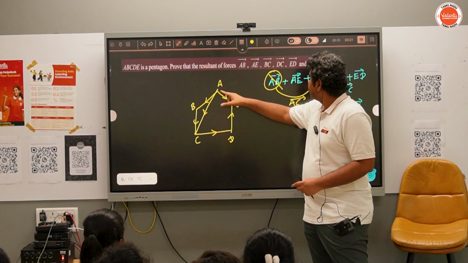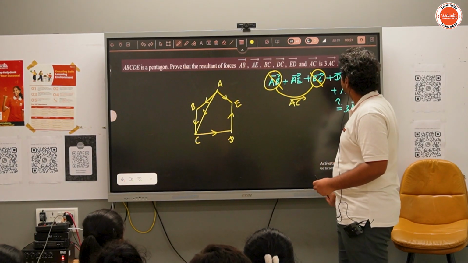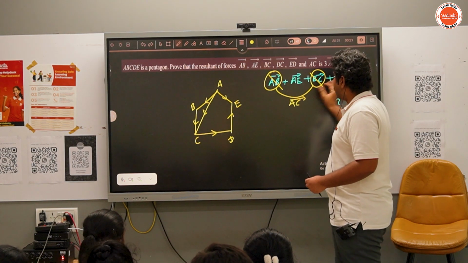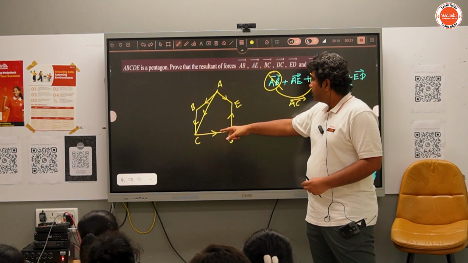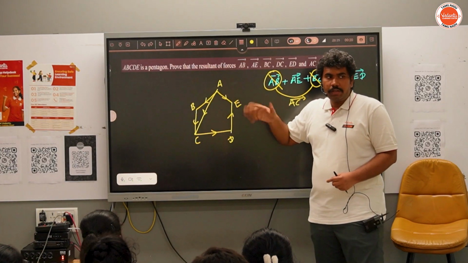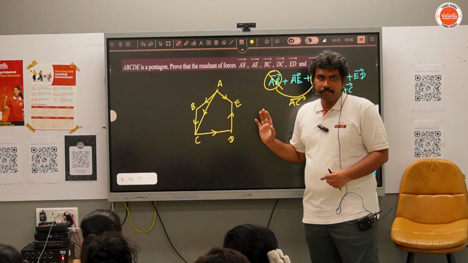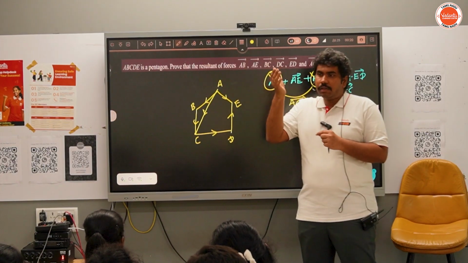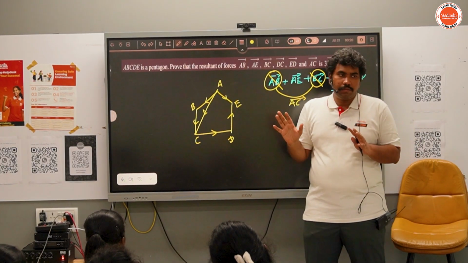Now, AE vector and CD vector are not related to each other, but whatever you do for triangles will be applied for any shape. What you need to know is that the terminal and initial point must be the same, that's all.